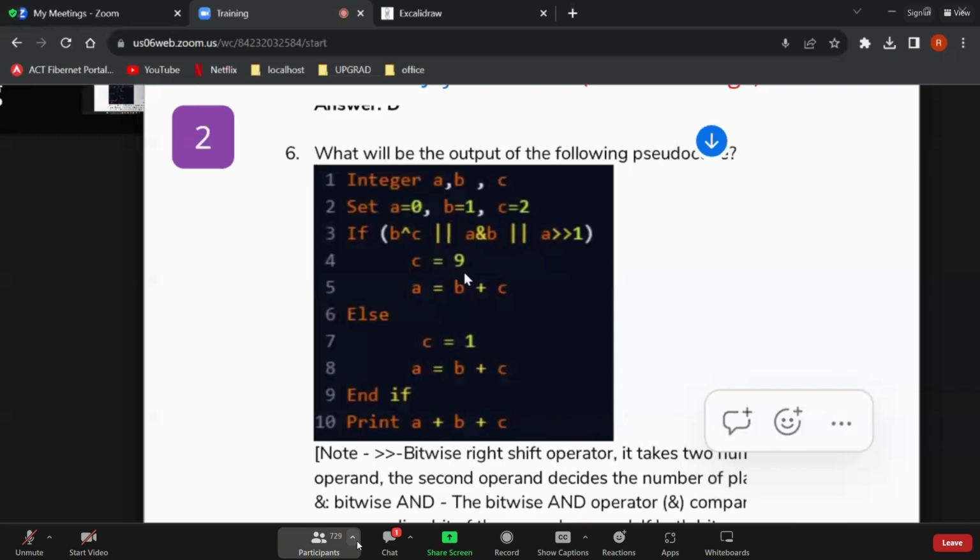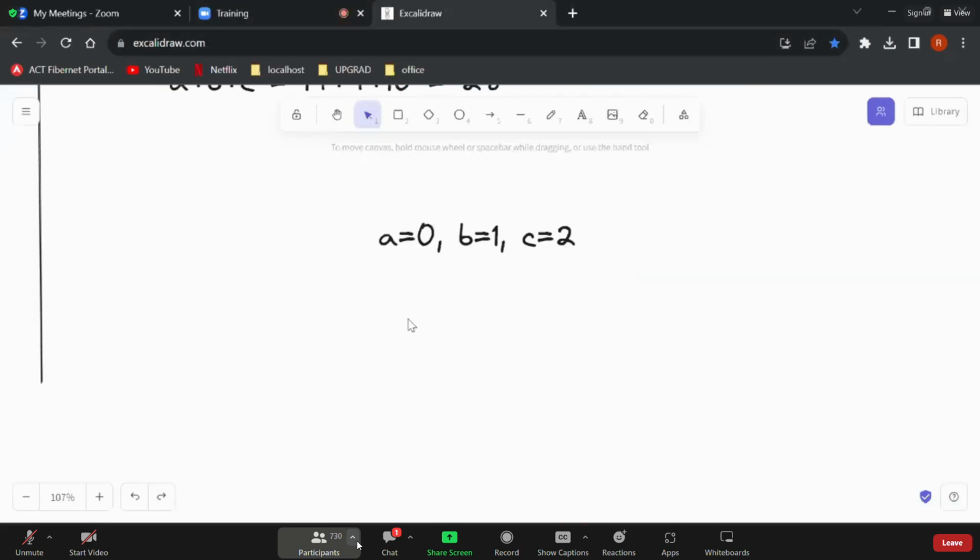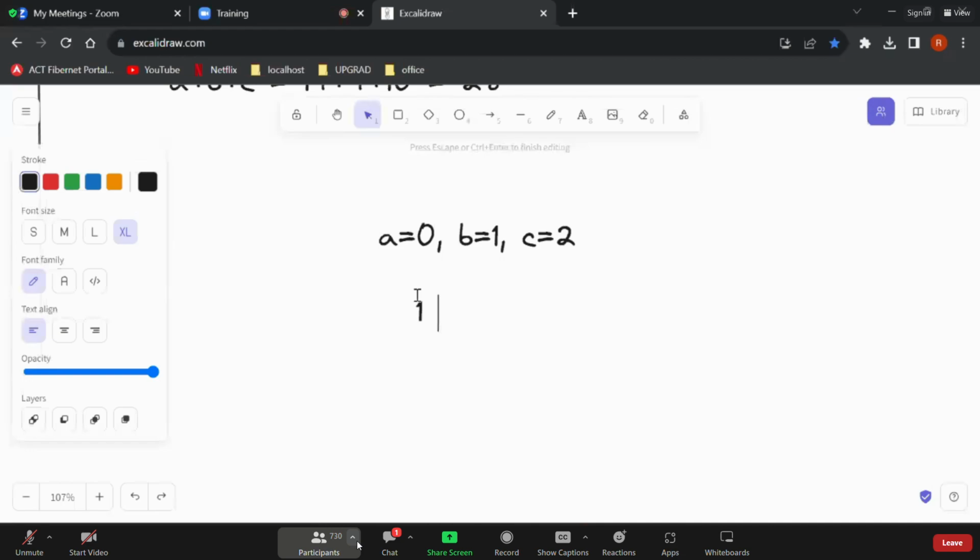So initially you are calculating B cap C, in the sense B XOR C. So value of B is 1 XOR 2. You can just simply add it, the value is 3.